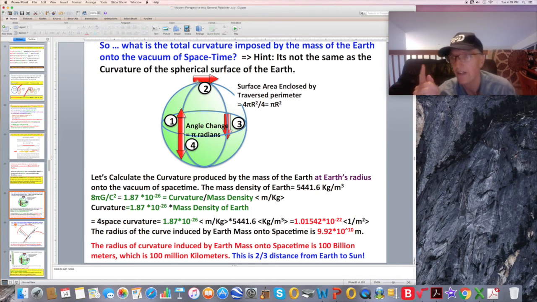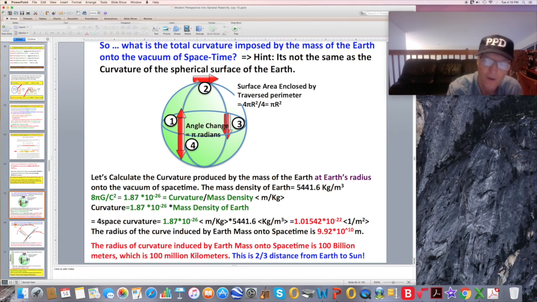You want the radius, which is just meters, so you have to take the square root of that. Quite predictably, the square root of 10 to the 22 is going to be something times 10 to the 10. So it all holds together here. So the radius of curvature induced by Earth mass onto space-time is 100 billion meters, a very long radius.